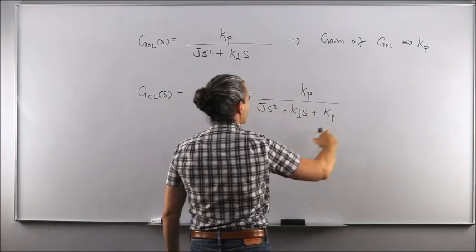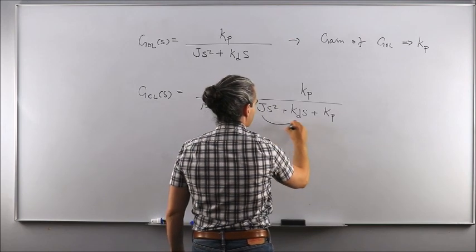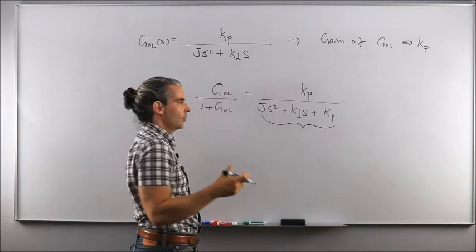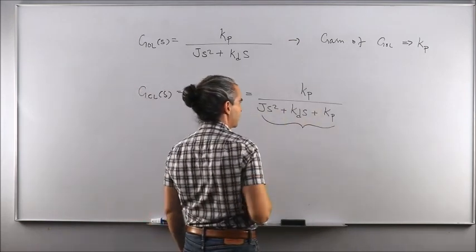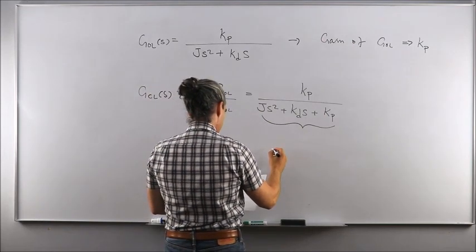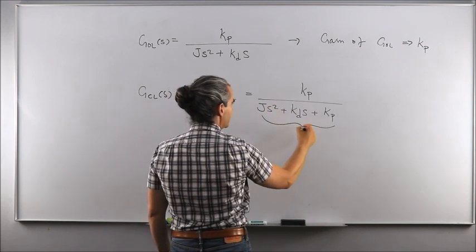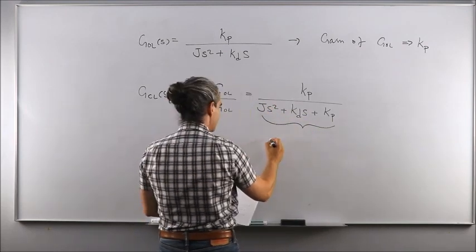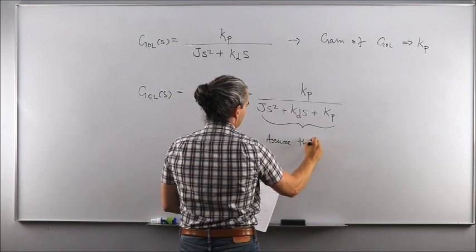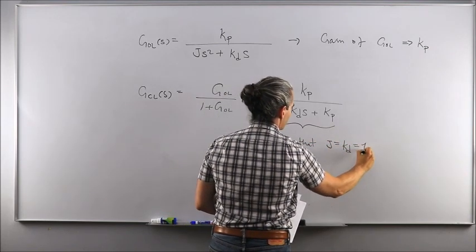If you look at the location of the closed loop poles here, you get it by solving the denominator equal to 0, or in other words, you get the poles by solving what's known as the characteristic equation. You would need values for J and Kd to know exactly where the poles are. So let's assume, just for the purpose of this discussion, that J is equal to Kd and both are equal to 1.